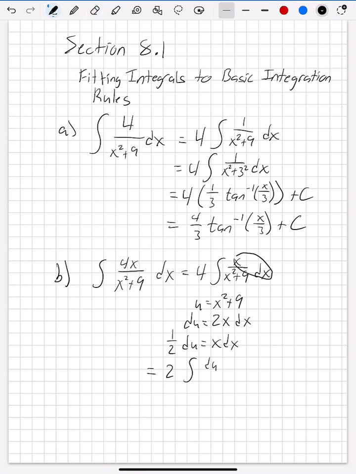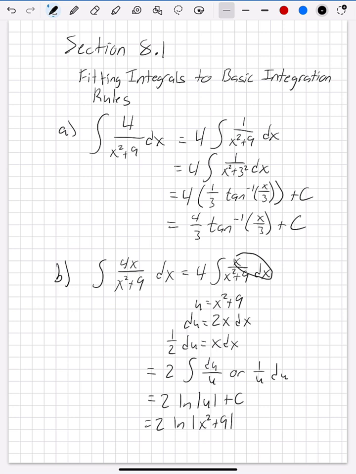And then I have du over u, or you could say 1 over u du. Well, of course, that's just the natural log of u, so I have 2 times the natural log of the absolute value of u plus c, and then I can replace my u with x squared plus 9.